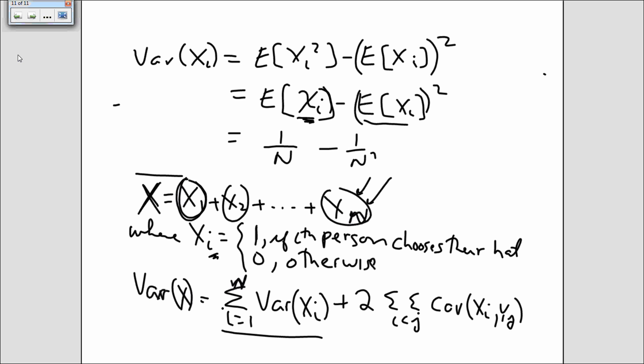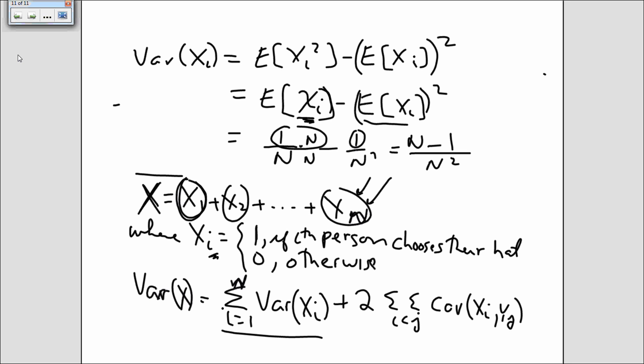We have 1 over N squared. Multiplying the top and the bottom by N, our common denominator is N squared. We have 1 times N, or N, take away 1. That's the variance of Xi.